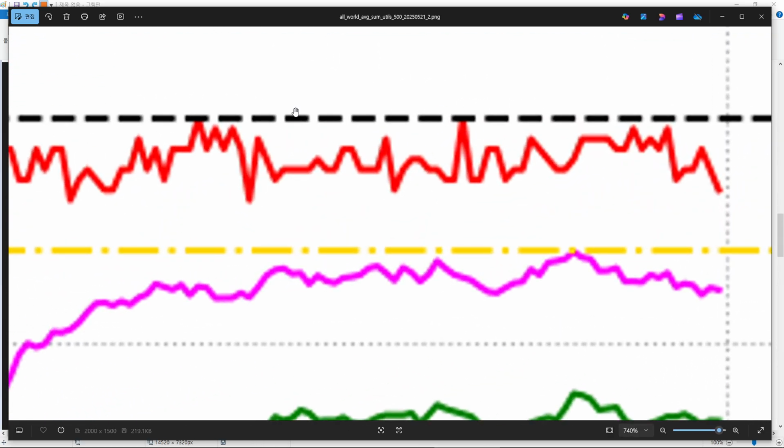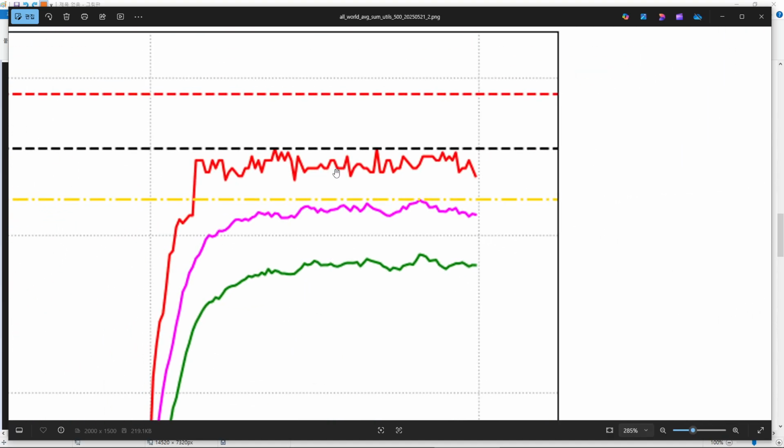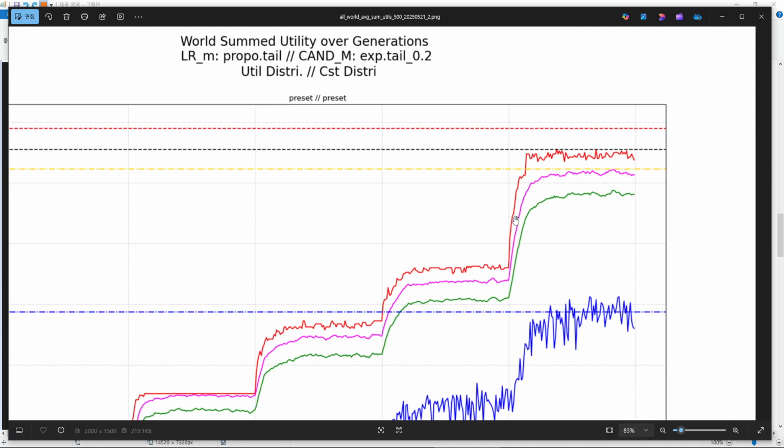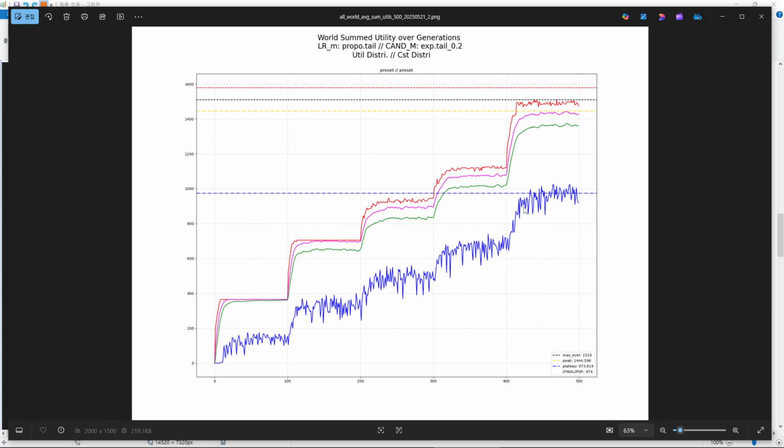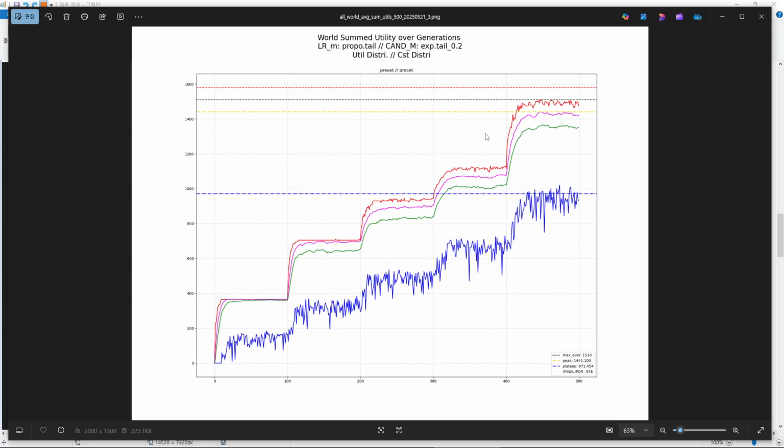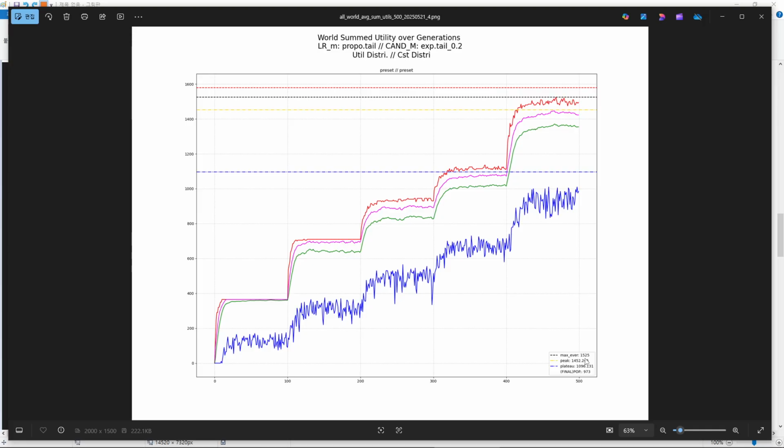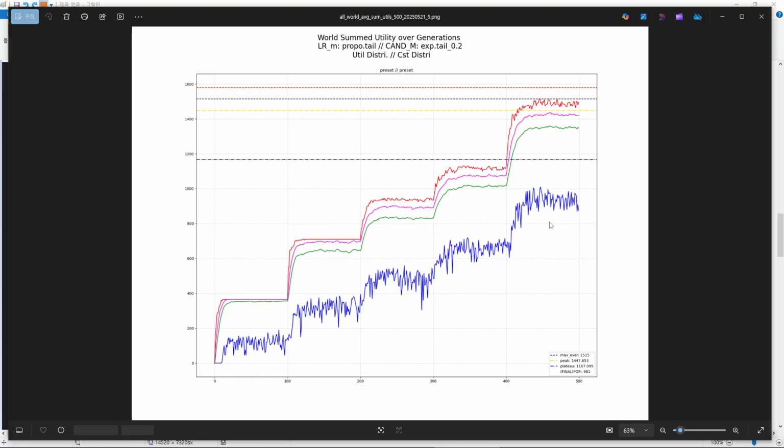There was only one occasion, or maybe one or two, out of the 100 generations. So the next one, it's still 1510, and the next one 1525, slightly better. 1515.